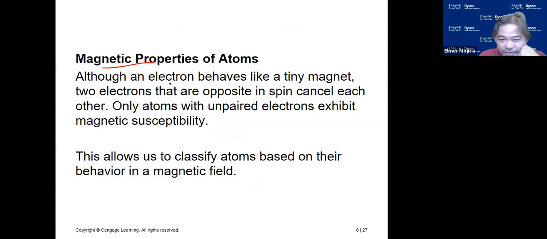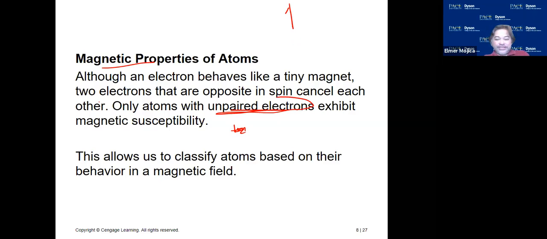Although an electron behaves like a tiny magnet, two electrons that are opposite in spin cancel each other. So only atoms with unpaired electrons exhibit magnetic susceptibility. That means that's the one that has one arrow up or one arrow down.